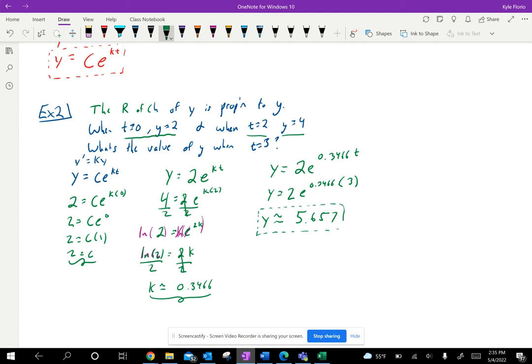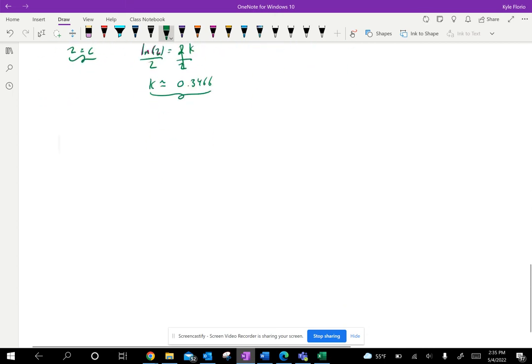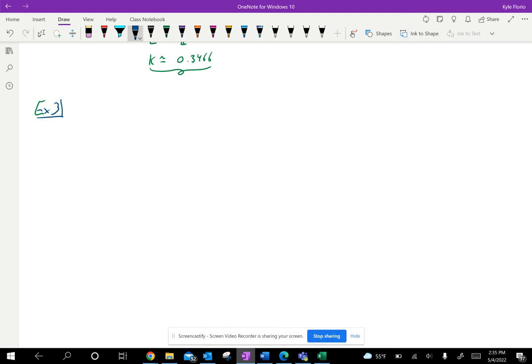So I'm going to do another example with exponential decay, and then that'll be it for this video. So let's look at example 3. Radioactive decay.